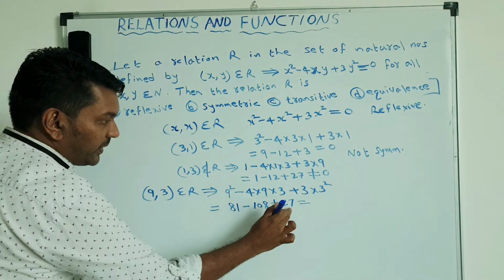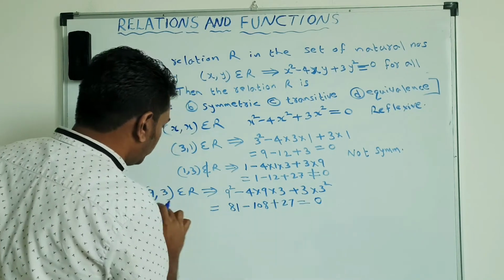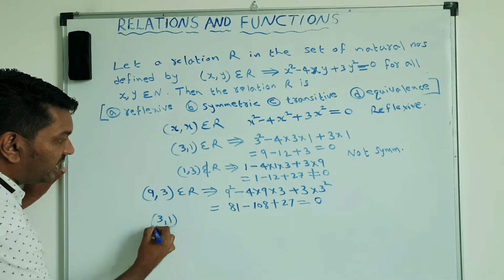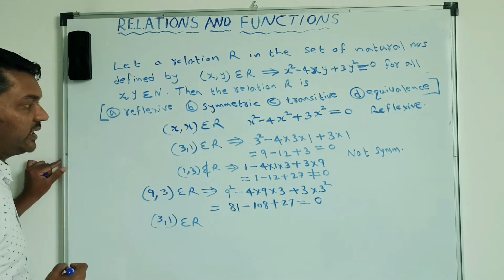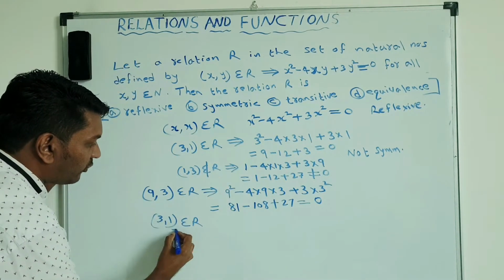So you'll get 81 plus 27, 108 minus 108, 0. So (9, 3) is an element of R. And (3, 1) is an element of R. We are checking. Already we checked here and we got 0. So (3, 1) is an element of R.